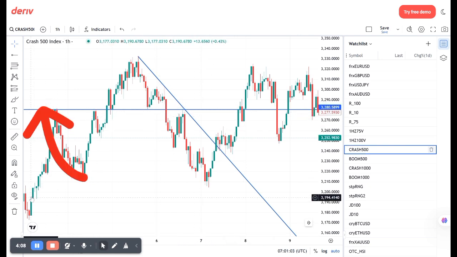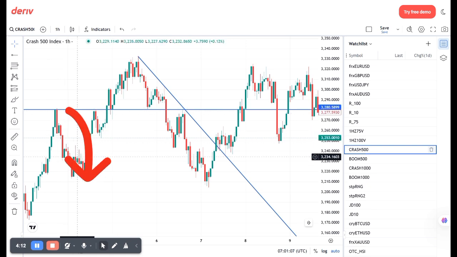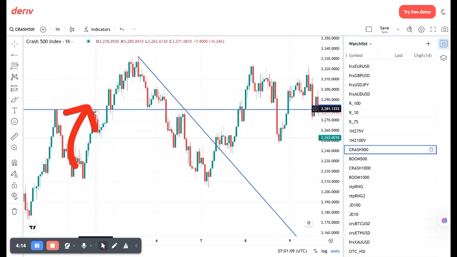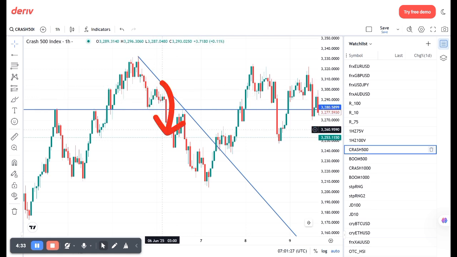As you can see, price went up and touched this resistance area and went down, and it came back to test it again and went down a bit, then broke through and retested it as a support area and went up. When price came down again and reached that same zone, you can see that it touched it and then went up. This is where it created our second touch point, and then it went down.